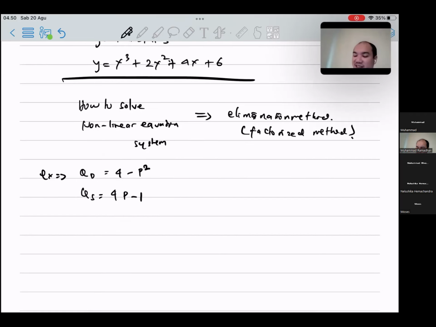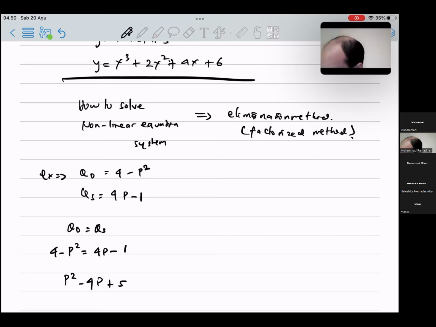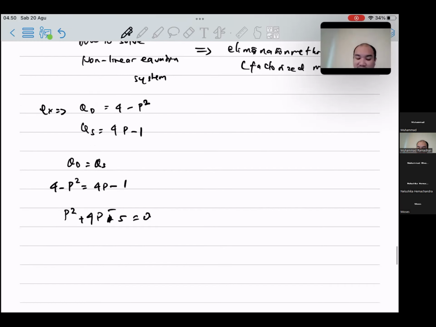So if QD equal to QS, so we get 4 minus P squared equal to 4P minus 1. So P squared minus 4P is plus 5. So, oh no, P squared plus 4P minus 5 equal to 0.